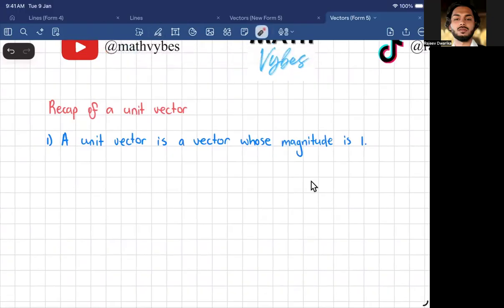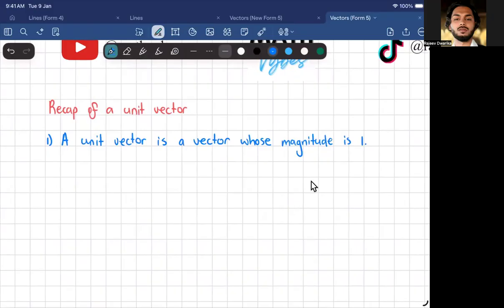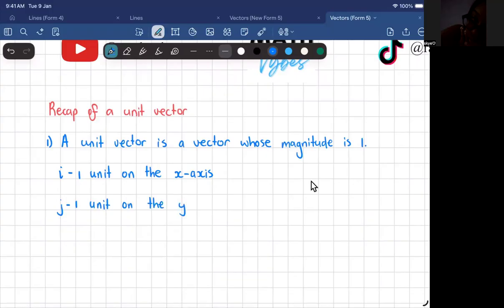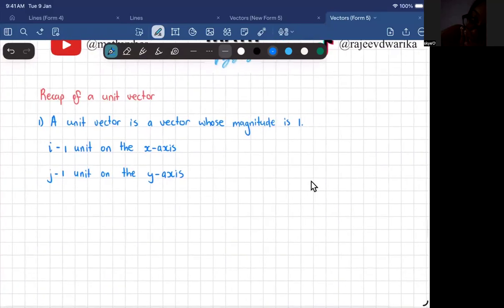A unit vector is essentially a vector whose length or magnitude is one. That's it, right? And you need to know that i is 1 unit on the x-axis, and what do you think j is? j is 1 unit on the y-axis, right?